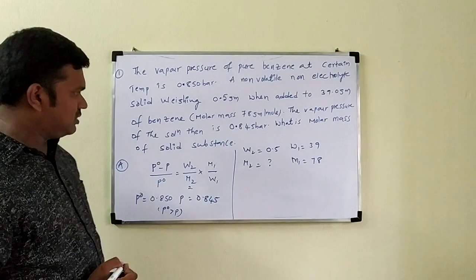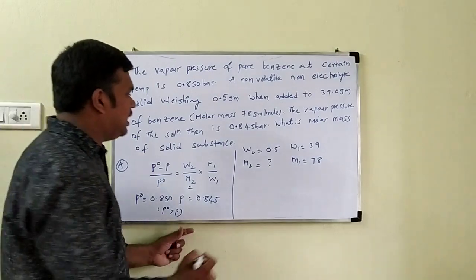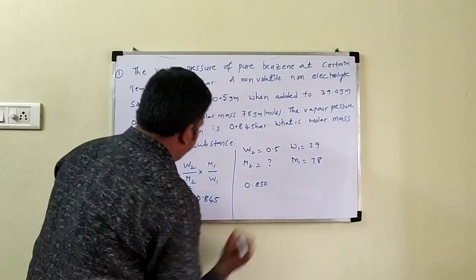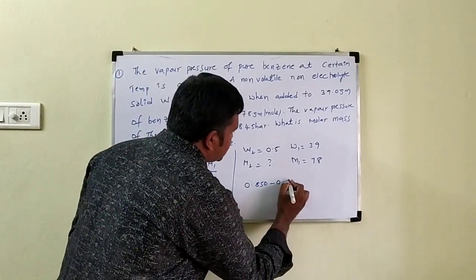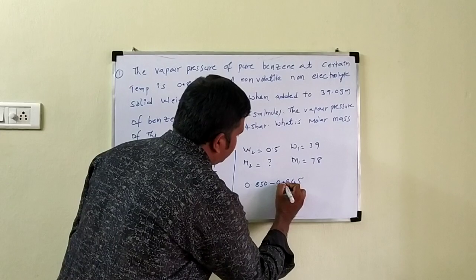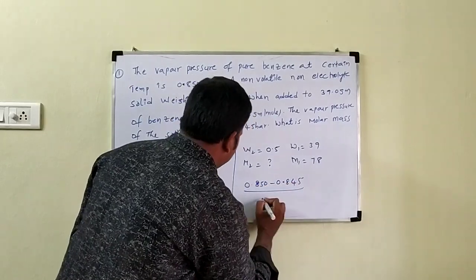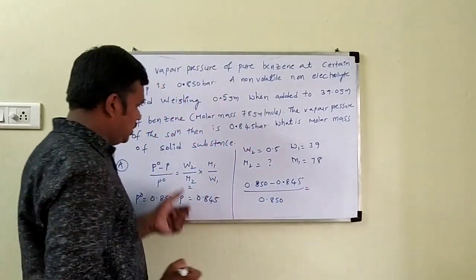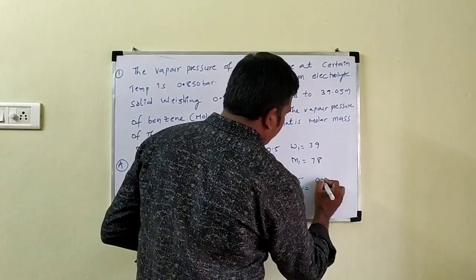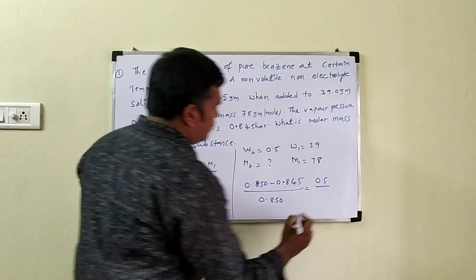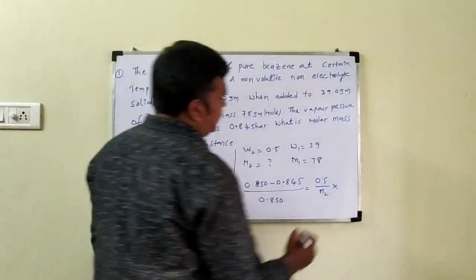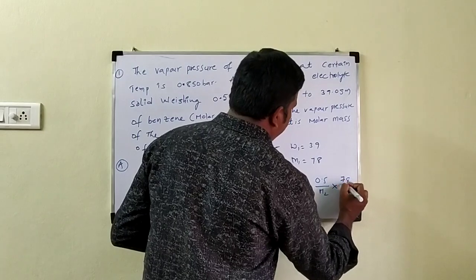Now we want to substitute all the values in this formula. P naught is 0.850 minus 0.845 by 0.850 is equal to W2, that is 0.5 by M2, which we have to find, into M1, how much? 78.